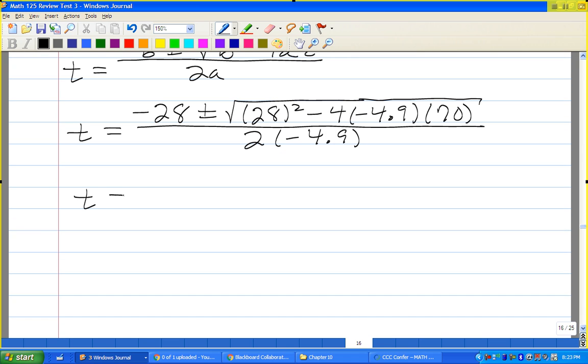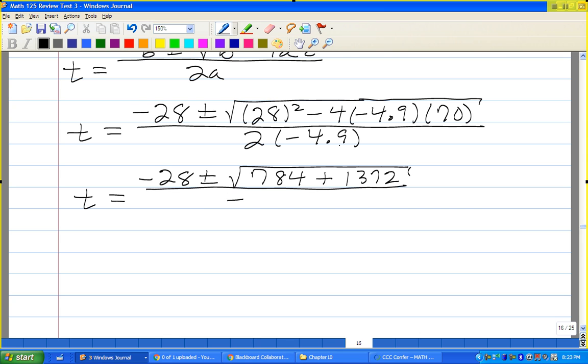And so t is equal to negative 28 plus or minus the square root of 28 squared, 784, minus 4 times negative 4.9 times 70, which is 1,372, over 2 times a negative 4.9, negative 9.8.